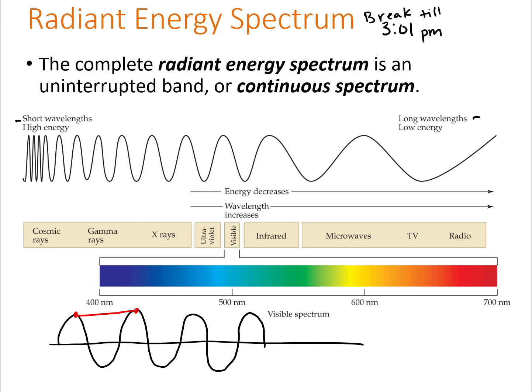The distance from two consecutive peaks, so two peaks in a row, that's going to be your wavelength. The symbol for that is a lambda.